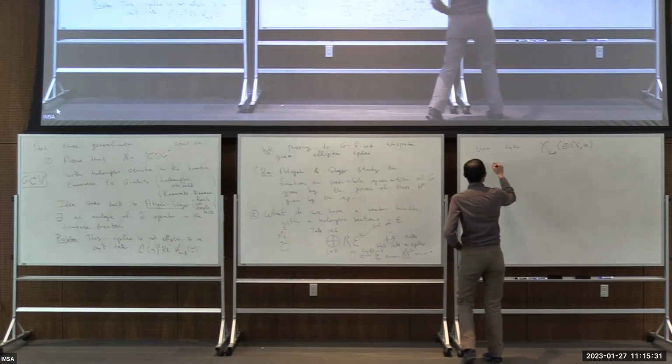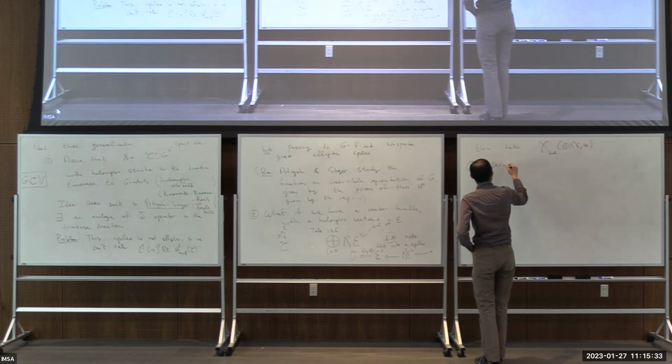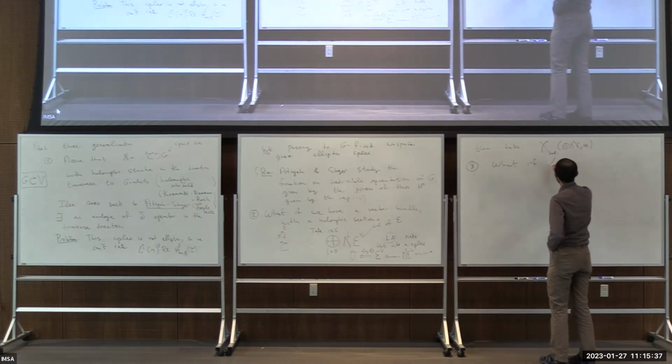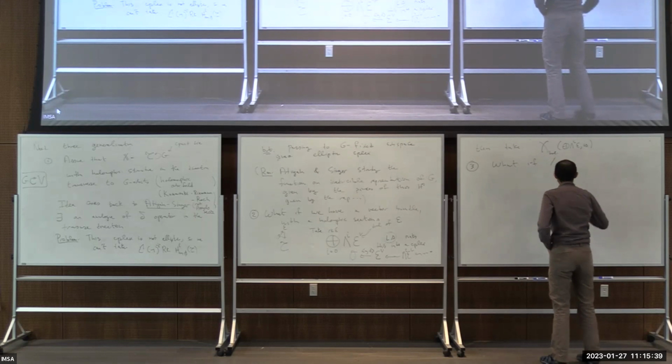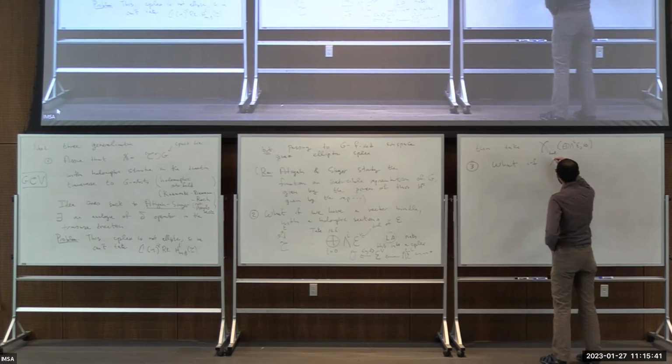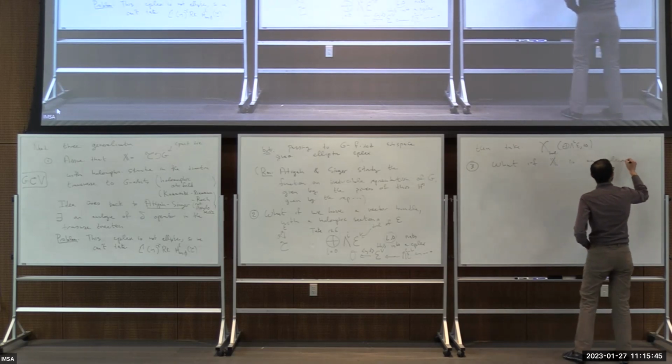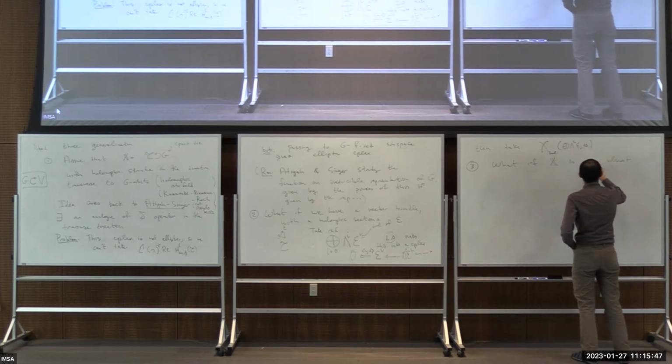So now what if X is an almost complex manifold, stably almost complex.